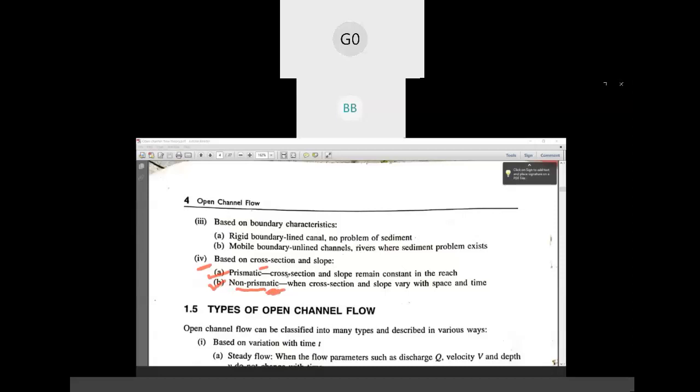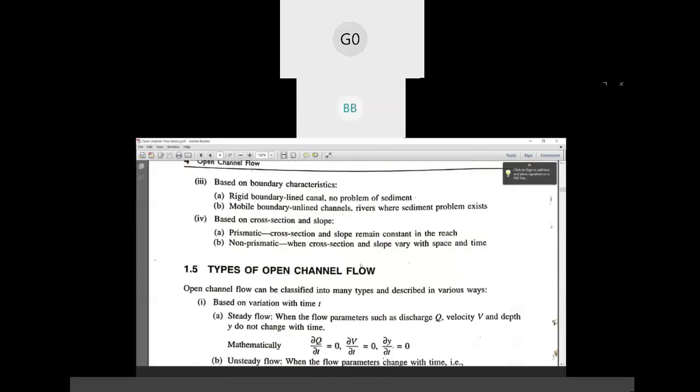In some derivations people consider it prismatic to simplify their calculations, but it doesn't mean it is a prismatic channel. Practically it is a non-prismatic channel.